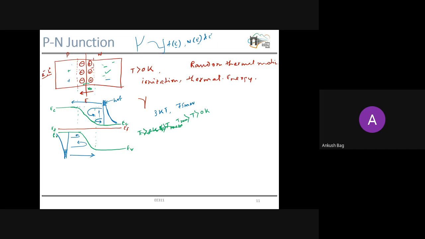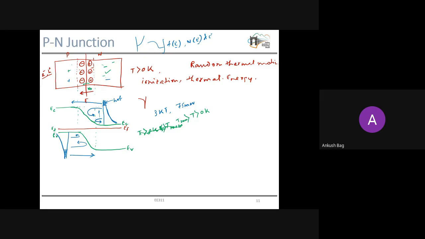But fundamentally, here we have the energy of free carriers, random thermal motion of carriers, and due to the random thermal motion the carriers are moving. Again, if we refer to our previous discussion, that is why I spent more time on module 1. This is also called diffusion, isn't it?